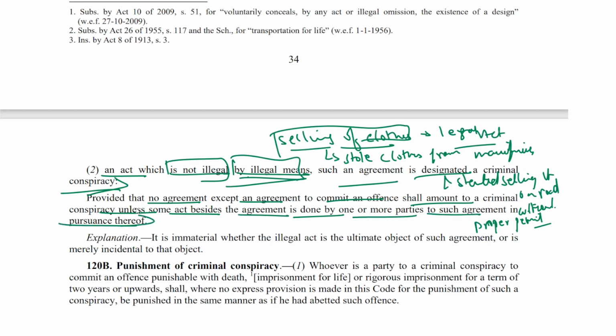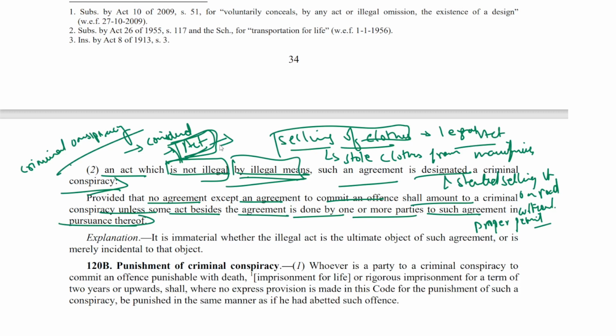So here, criminal conspiracy can only be considered once there is an act. If there is no act and people have only conspired, it cannot be termed criminal conspiracy, because there has to be an act. Until there is an act, it won't come within the ambit of criminal conspiracy.